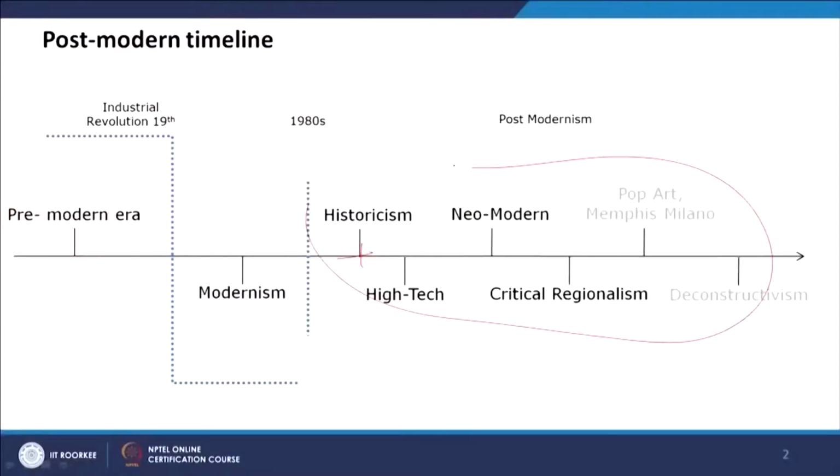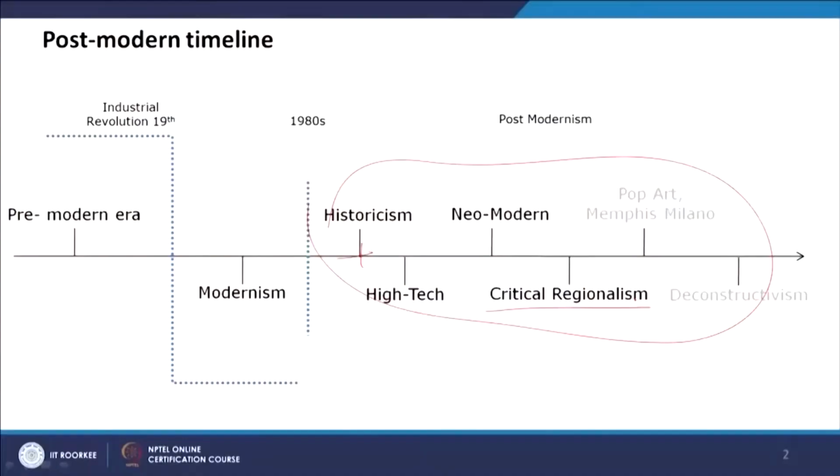All these postmodernist movements started coming mostly parallel with each other. In this critical regionalist movement, we have seen how these movements reacted to modernism. Historicism did not acknowledge modernism; it went past.